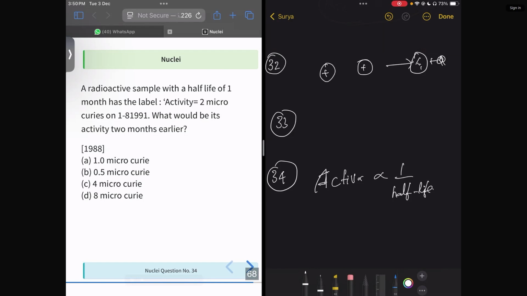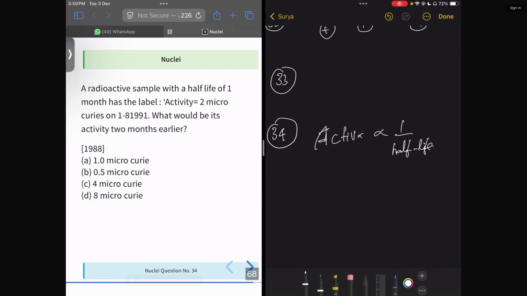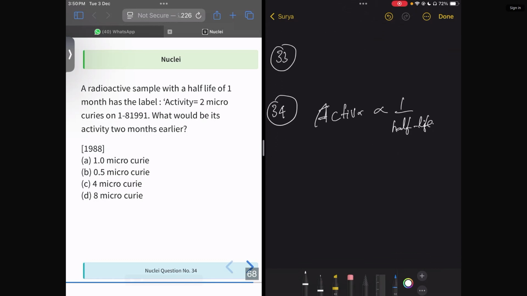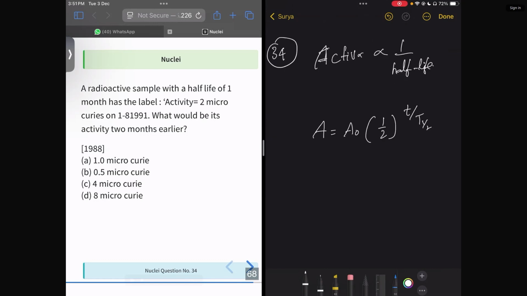They have given the first half-life as 1 month. So A is equal to A naught into 1/2 power T divided by the half-life, where at initial time it will be A naught and T is the elapsed time.